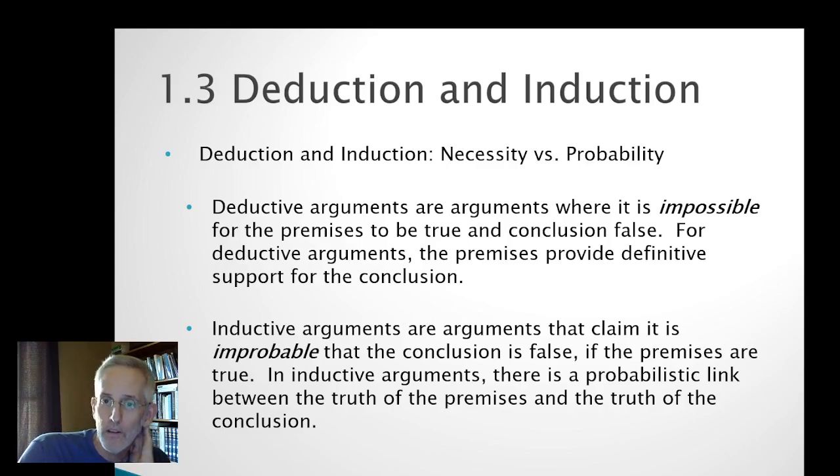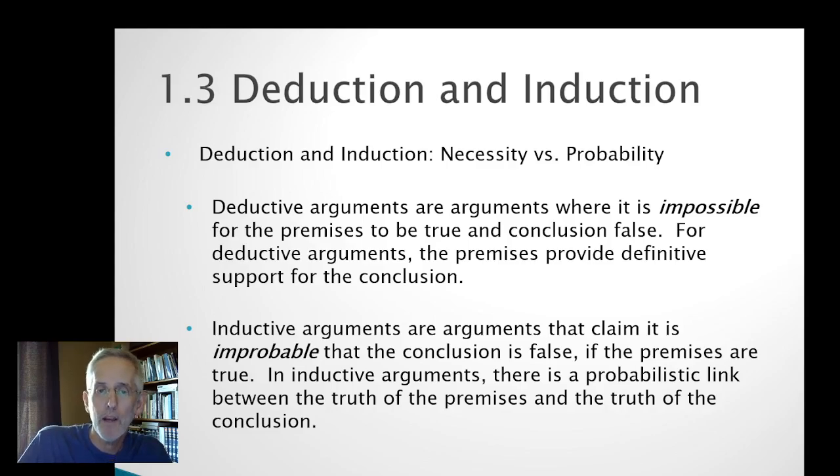Okay, so let's start with the definitions here of just basic deductive and inductive arguments. Okay, so a deductive argument is an argument where it's impossible for the premises to be true and the conclusion false. So for deductive arguments, the premises provide definitive support for the conclusion.